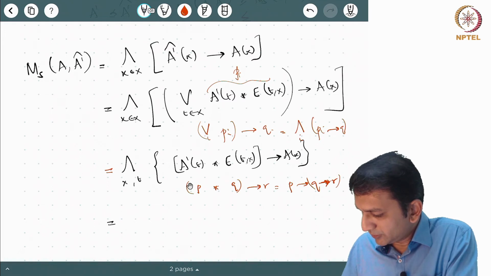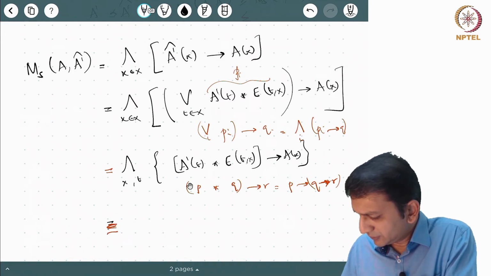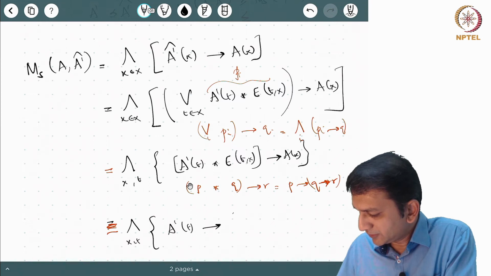So let's use that property here. This is p for s. A dash of t implies (e of t, x implies a of x).